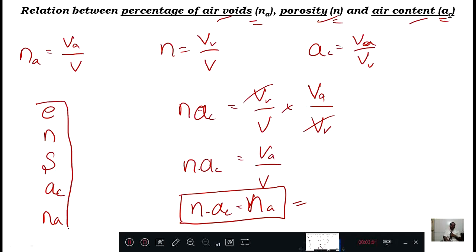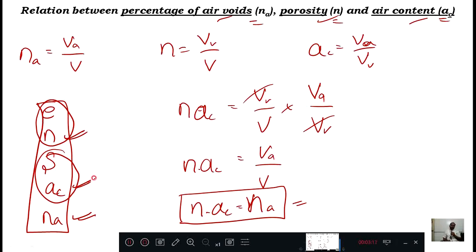These 5 terms we defined, and we got an interrelation between e and n, between S and AC, and between Na, n and AC. These 3 interrelations and 5 terms we defined till now.